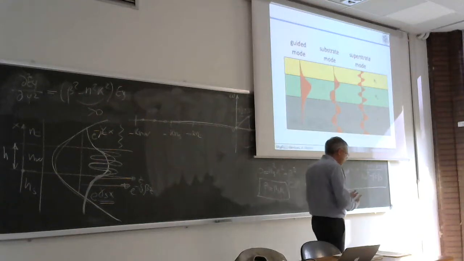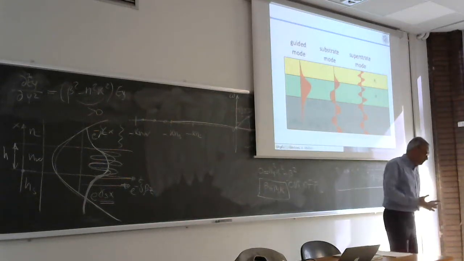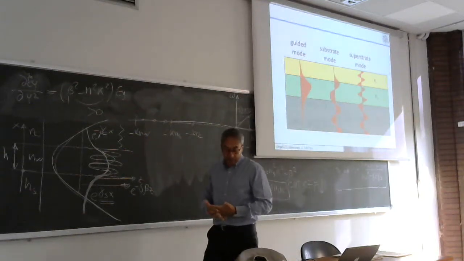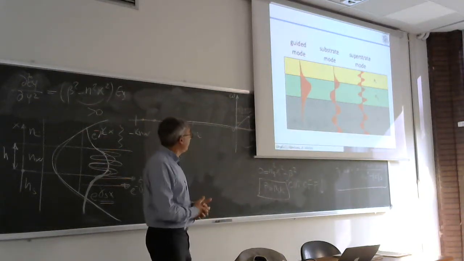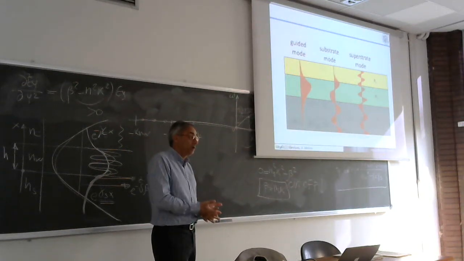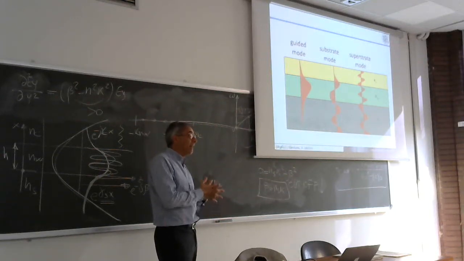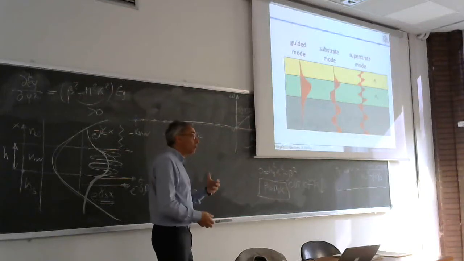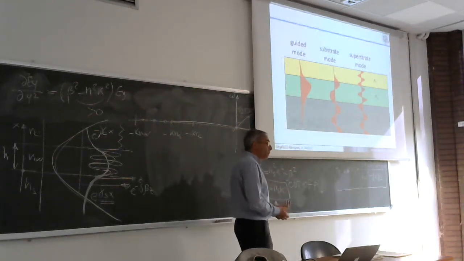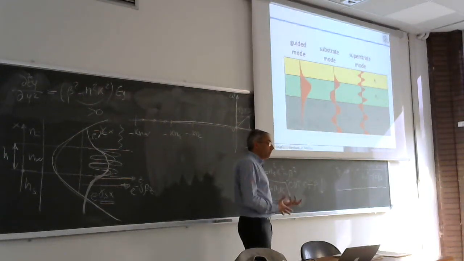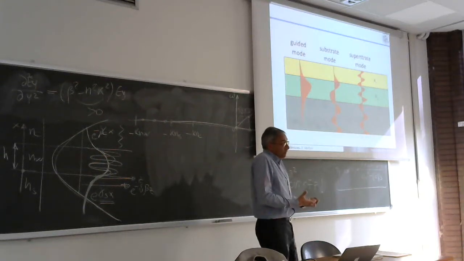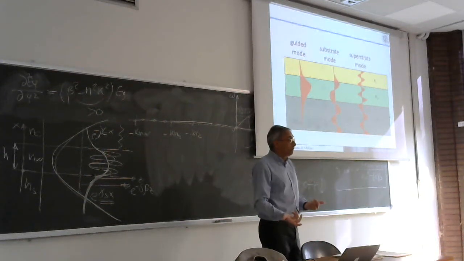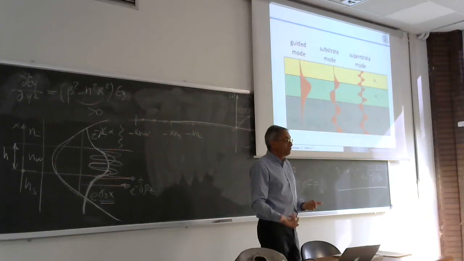These modes are so important, or can have an effect, that people give a name to this mode. And these are called leaky modes. So it is not a guided mode, but we can call it a mode that loses energy, so leaky. So we call it leaky mode.